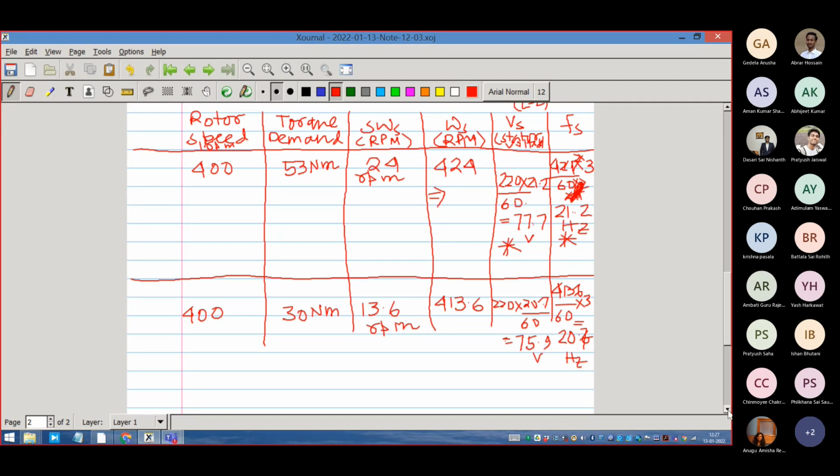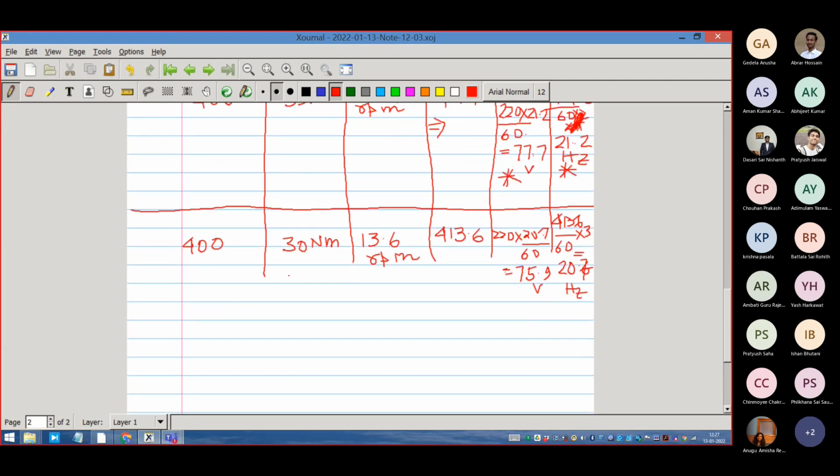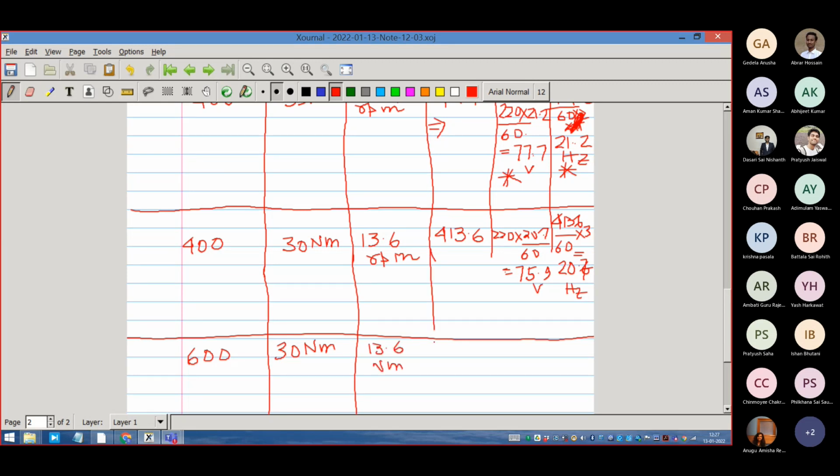If now somebody wants to run the machine at 600 RPM, but still produce 30 Newton meter, then what it will be? It will be 613.6 RPM.